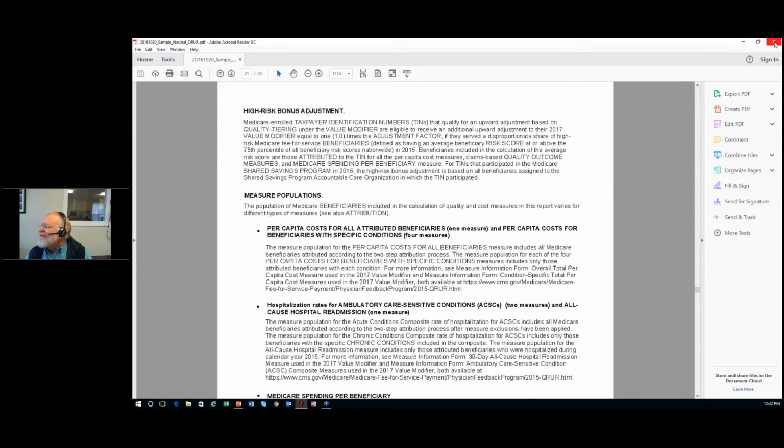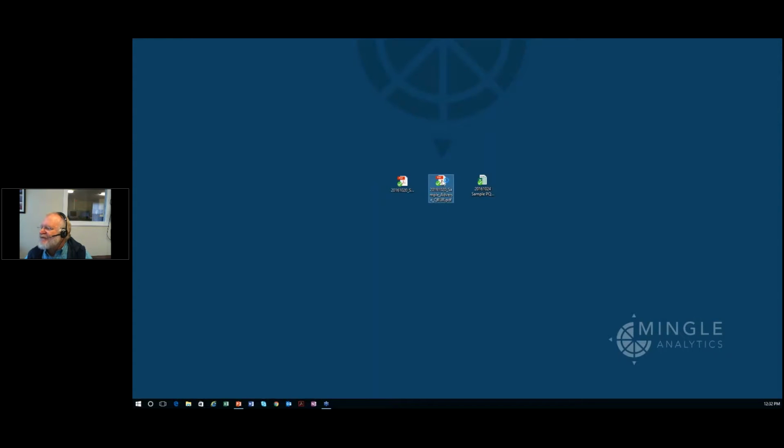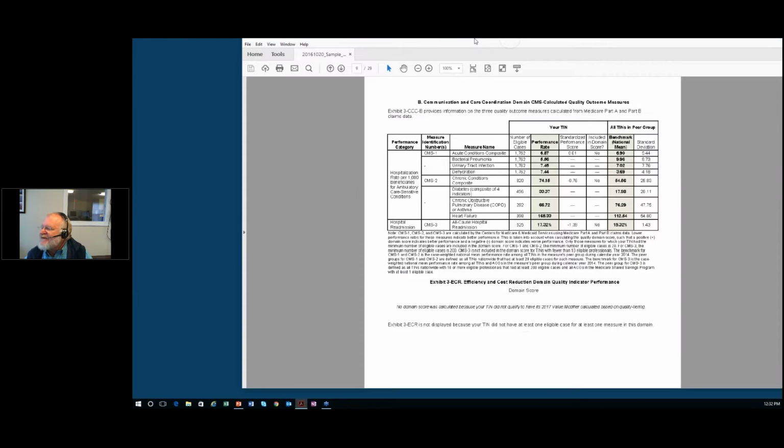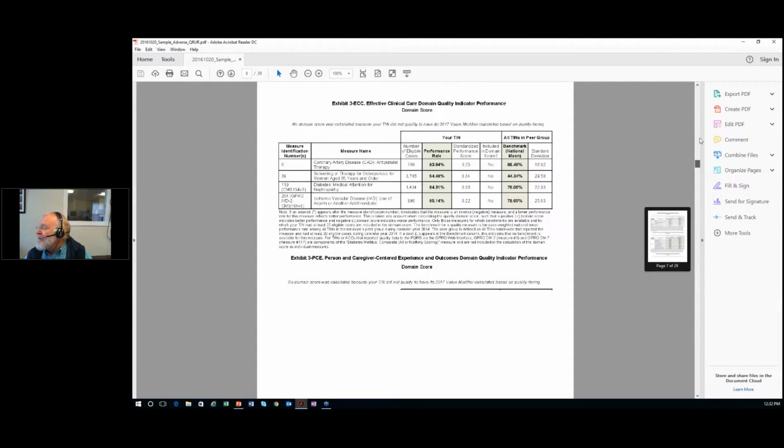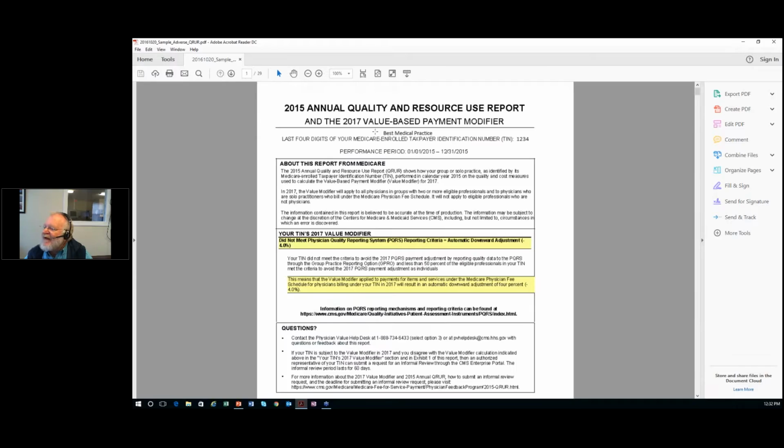Let me bring you to another one that shows an adverse report and some of the differences there. So this is, again, best medical practice, our de-identified tax ID number, and the news here, it tells you everything on that first page: this practice did not meet PQRS reporting criteria and therefore lost the whole 4%.